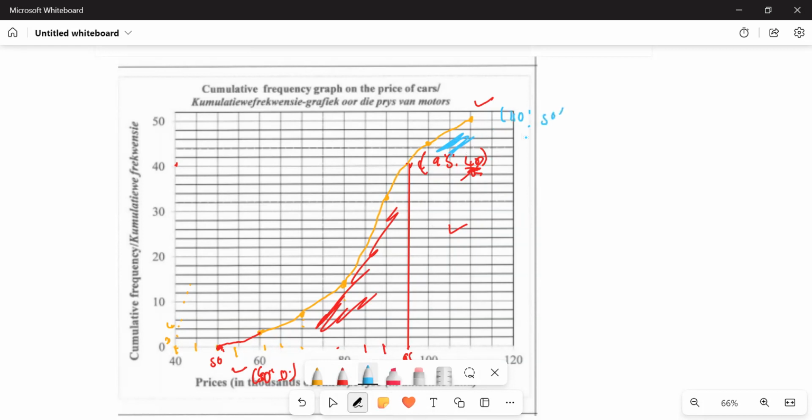If you wanted to spend a minimum, it means you can spend 95 and above. So how many cars can you afford to buy? You're going to take the last value and subtract this one. So you say 50 minus 40 and you're going to get 10.